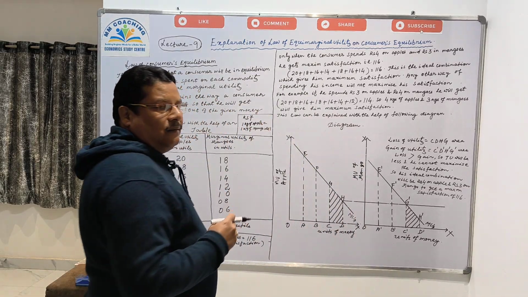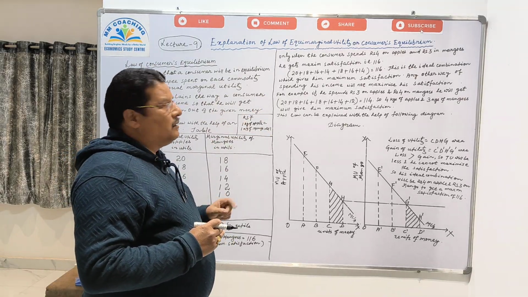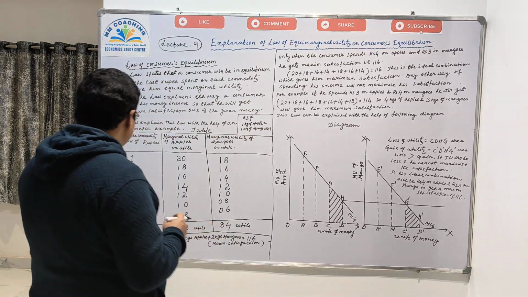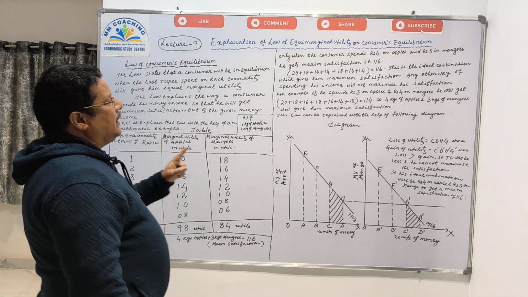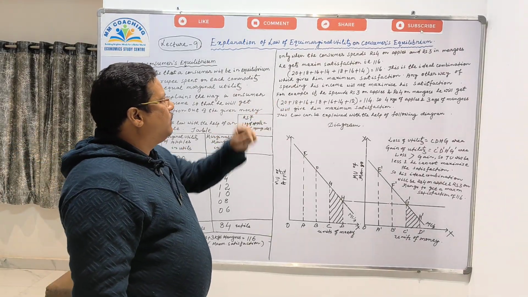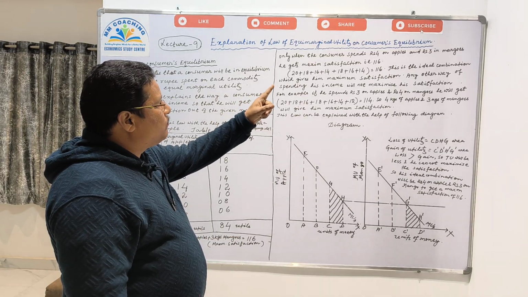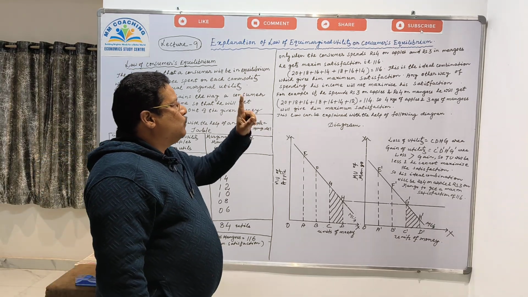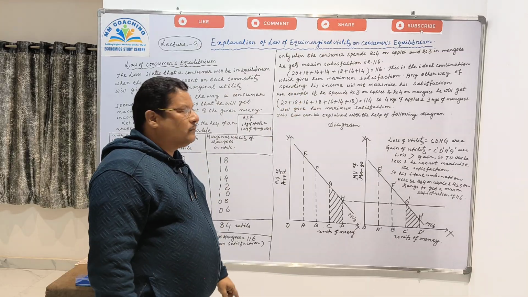Only when the consumer spends rupees 4 on apples and rupees 3 on mangoes, he gets maximum satisfaction. That is 116.